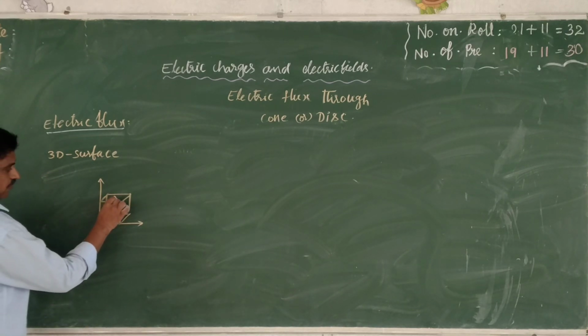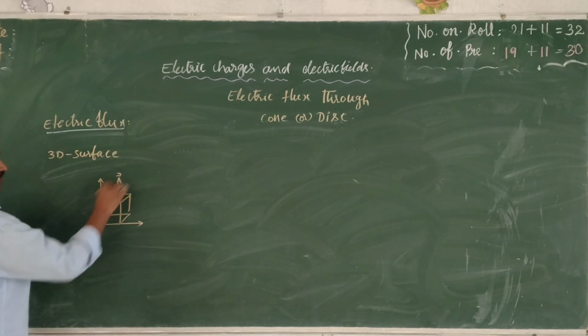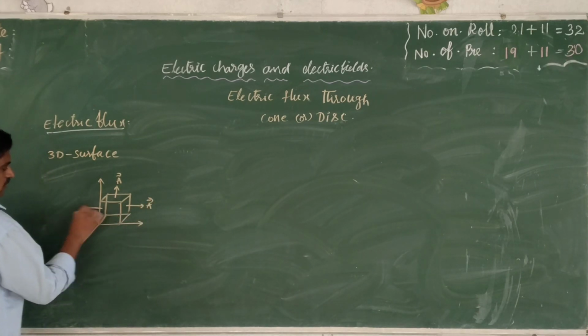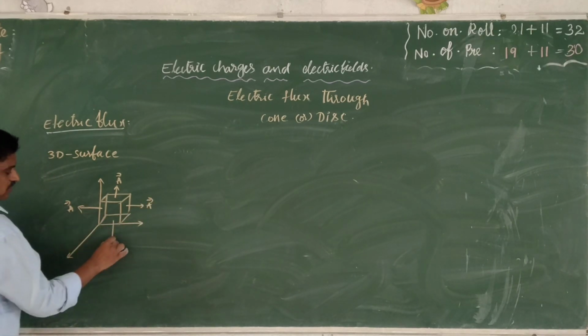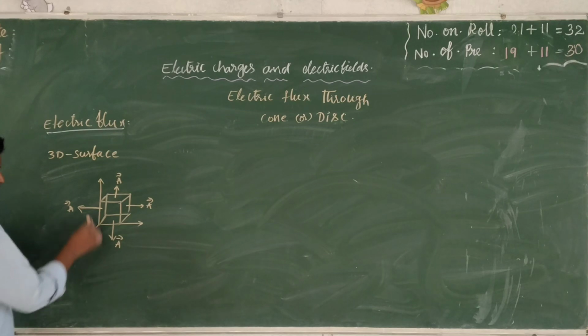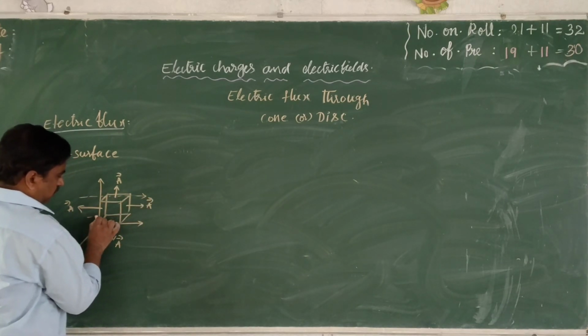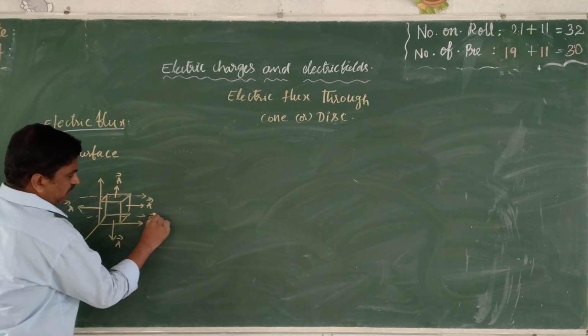The area vector for this surface is this one, for this surface this one, for this surface this is the area vector, and for this surface this is the area vector. Electric field lines are passing in this direction. This is the direction of the electric field.